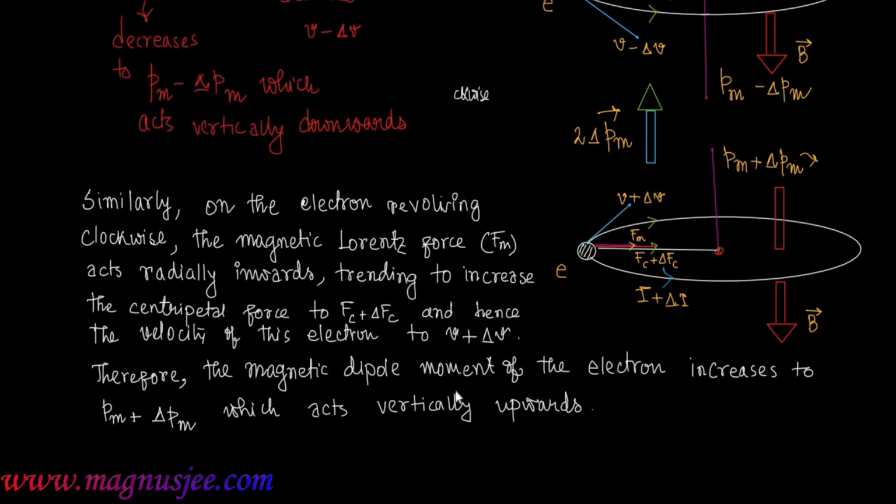In the diagram, the magnetic Lorentz force Fm acts radially inwards, the centripetal force increases to Fc plus delta Fc, the orbital velocity increases to v plus delta v, and its magnetic dipole moment increases to Pm plus delta Pm, which acts vertically upwards.